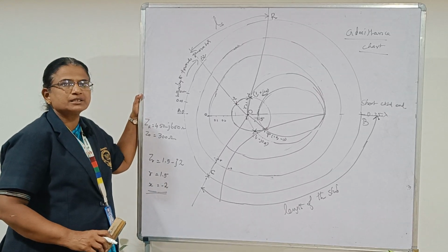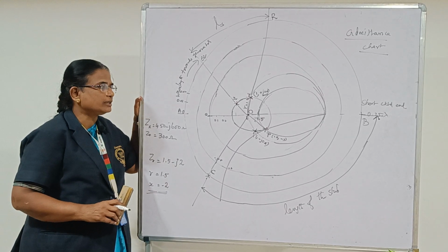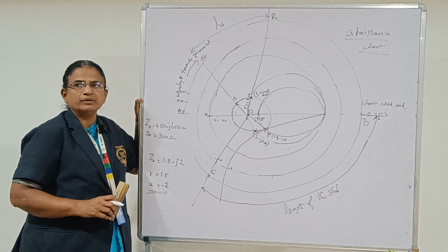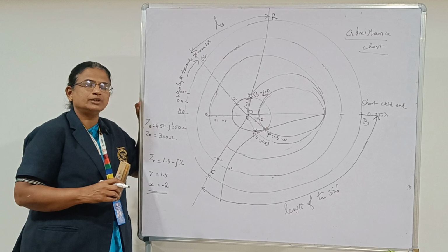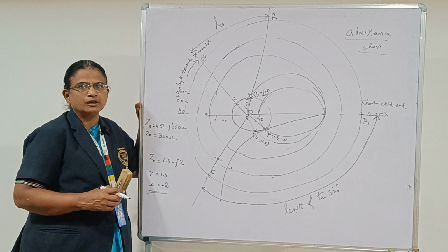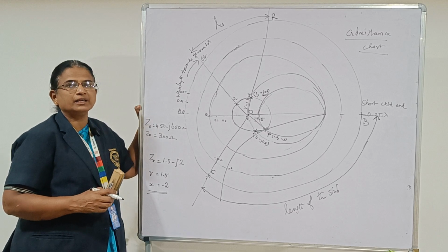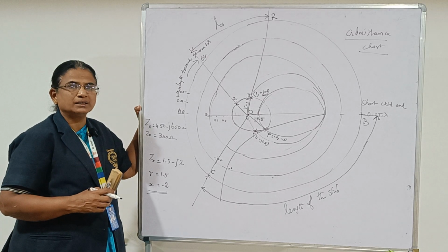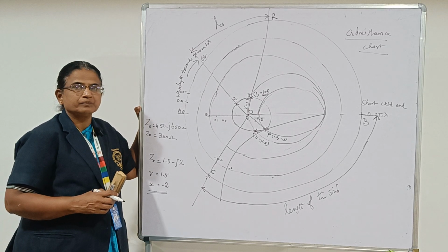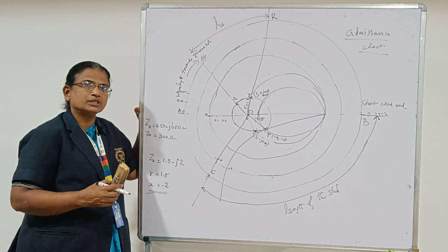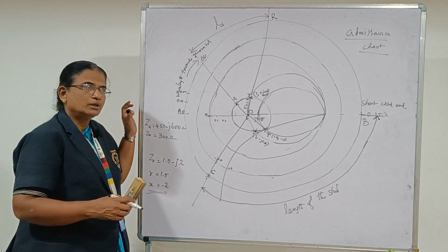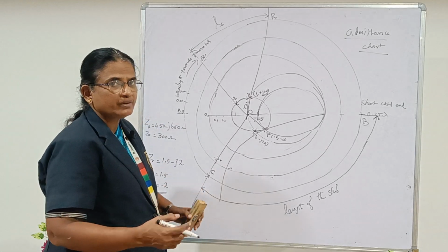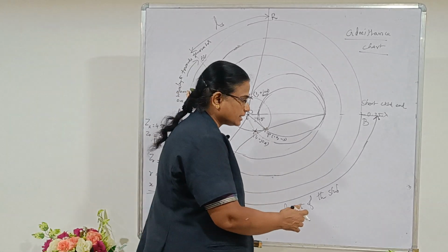To summarize this single stub matching using Smith chart, the first step is we need to convert the given load impedance into a normalized impedance. For that, we have to divide the given load impedance by the characteristic impedance of the line. Then, using the chart, we can convert the normalized load impedance into normalized load admittance, or we can do the theoretical calculation.